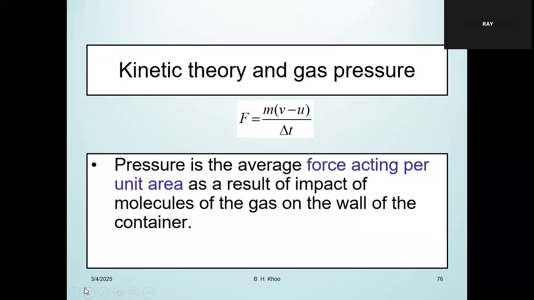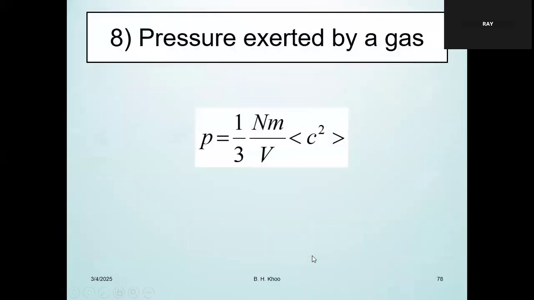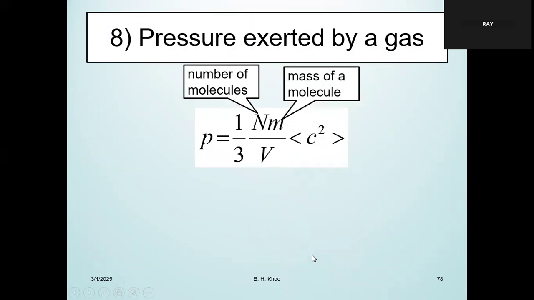That's how we get our force acting on the wall. Pressure is the average force acting per unit area as a result of impact of molecules of gas on the wall of the container. We use pressure, total force divided by area. Okay, pressure of gas. It's the formula that we just derived.